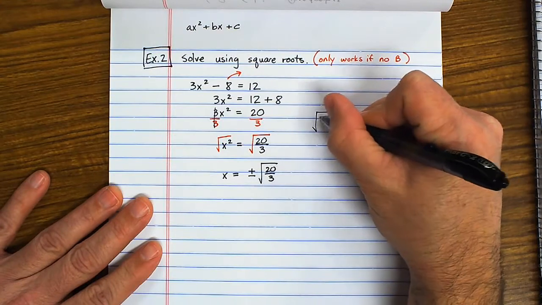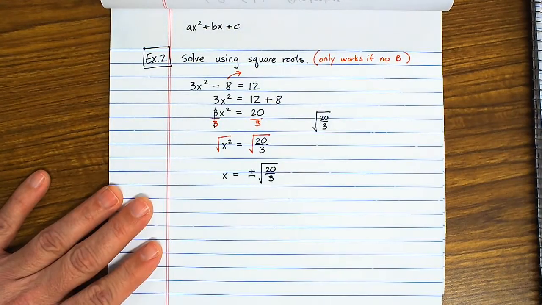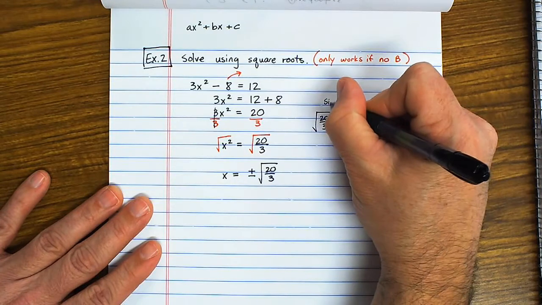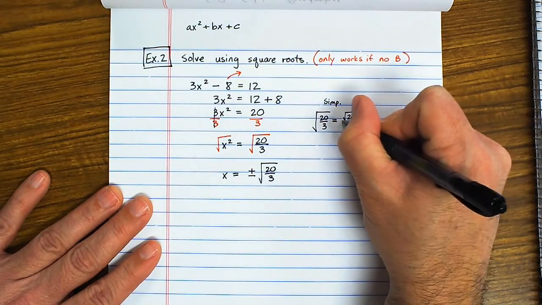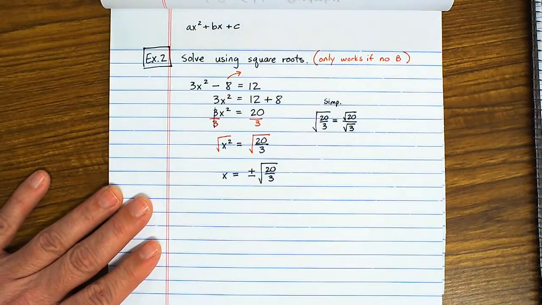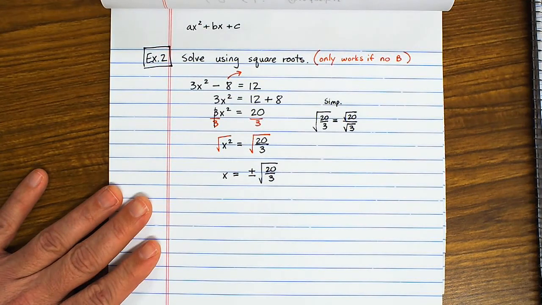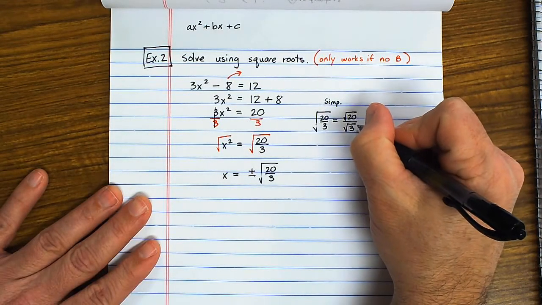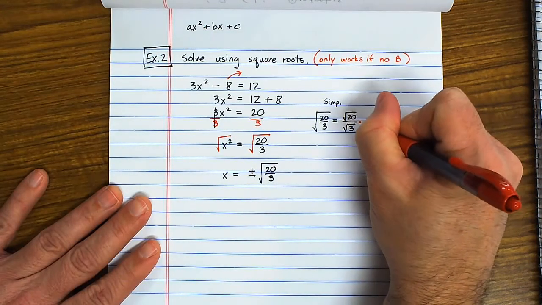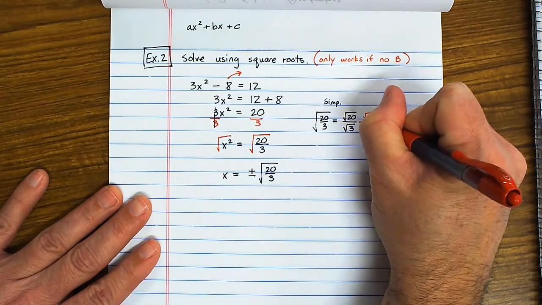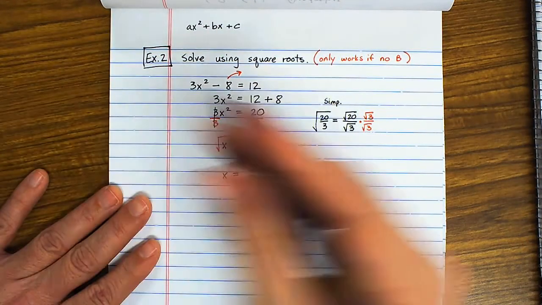So radical 20/3, this is my simplifying, is the same as radical 20 over radical 3. Which, if we remember, we cannot have a radical on the bottom, so that means I'm going to multiply this by radical 3 over radical 3.